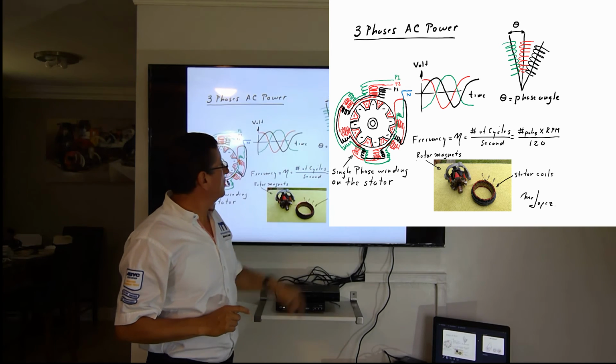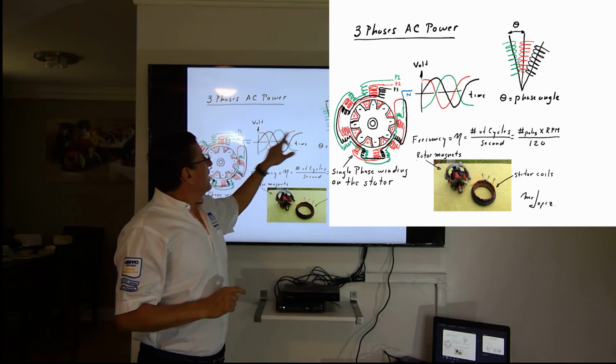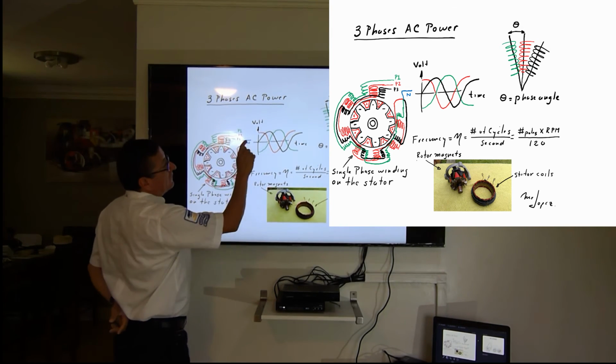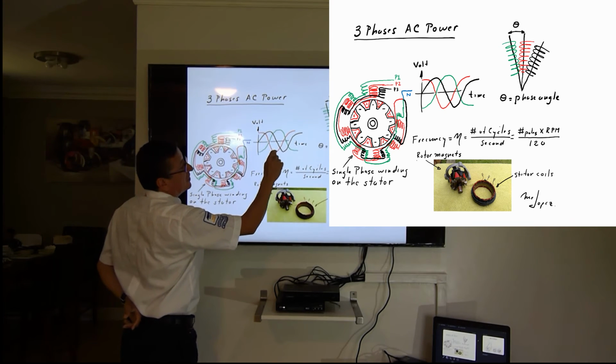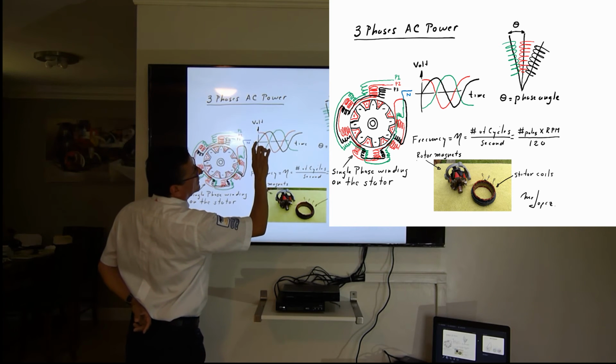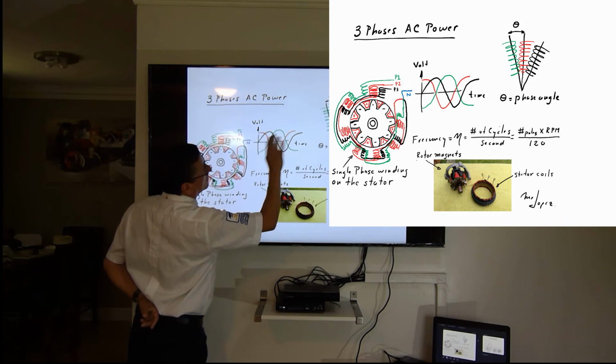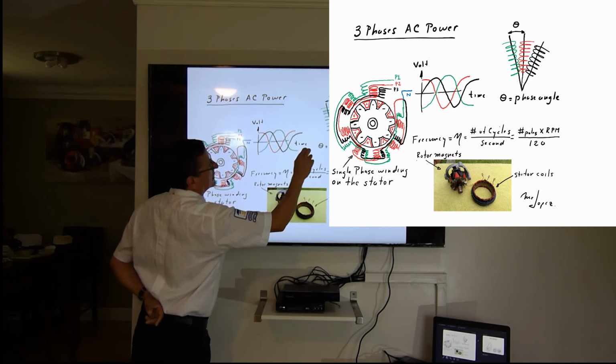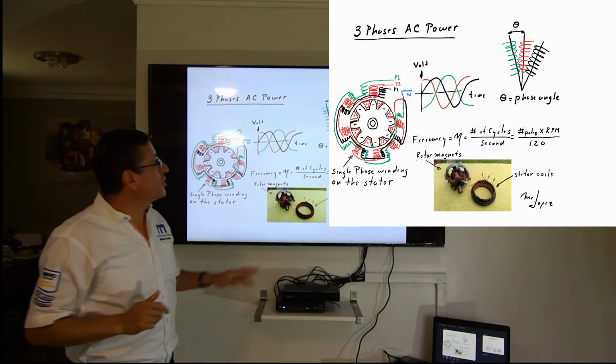In this particular case, the red phase is produced in this position. The black one is some degrees separated, and the green one some degrees separated. They are separated some degrees.